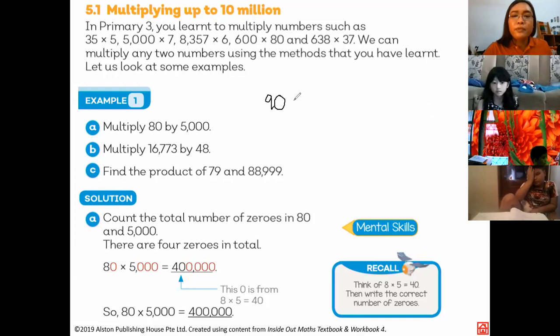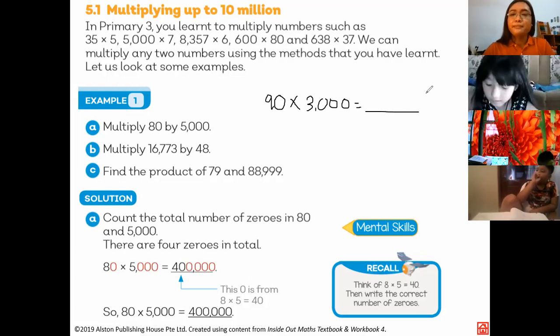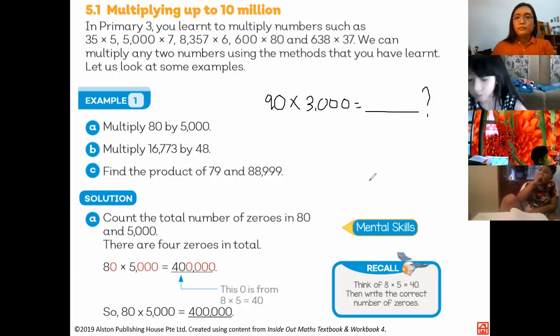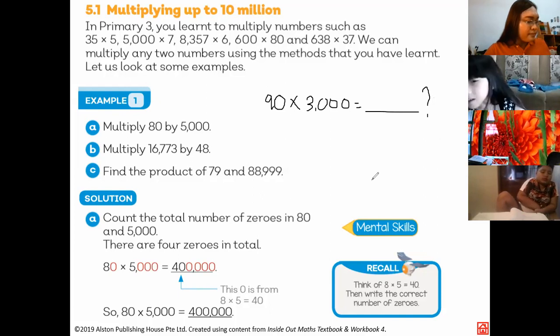Okay, another example. What about 90 multiplied by 3,000? 270,000.